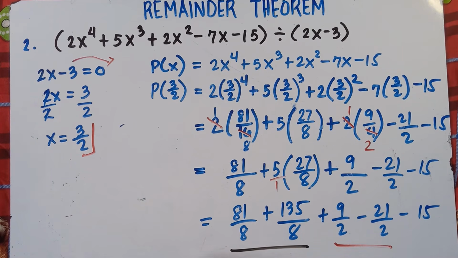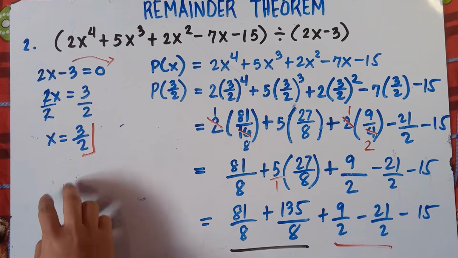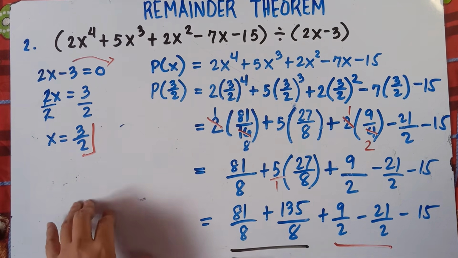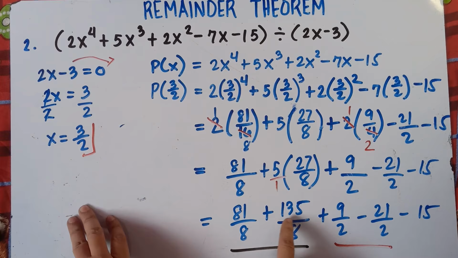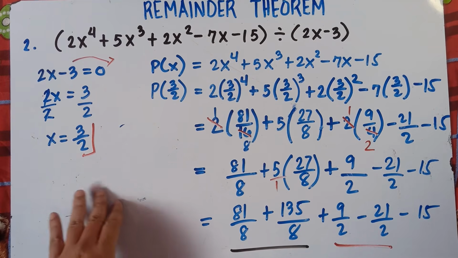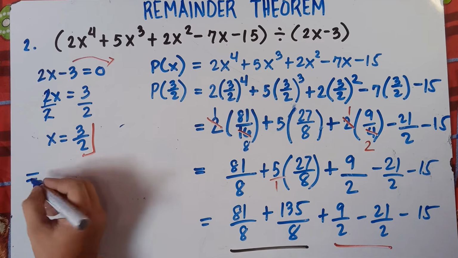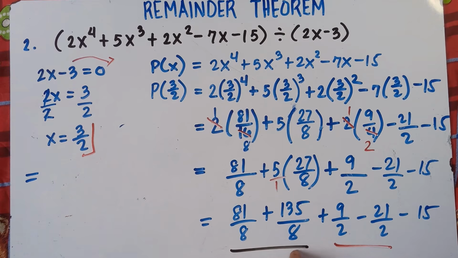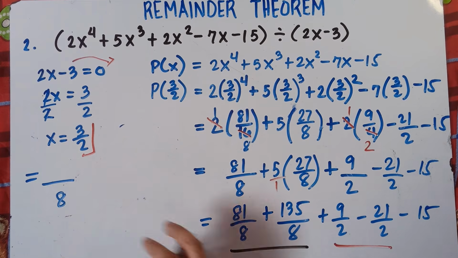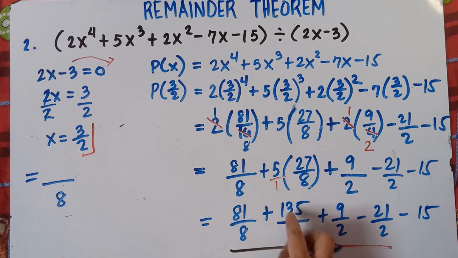Alright, so because we don't have enough space here, okay, let me just write it here. So let's combine this one, class. 81 plus 135. So in adding fractions, class, do not forget addition of fractions. If they have the same denominator, simply copy the denominator, then add the numerator. So you add this one, class, 81 plus 135.